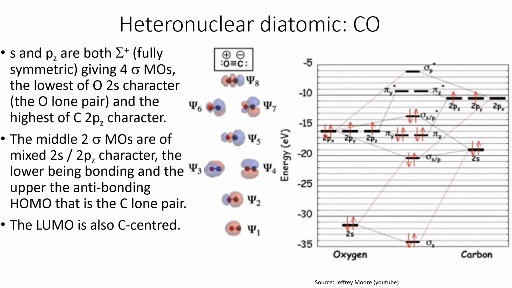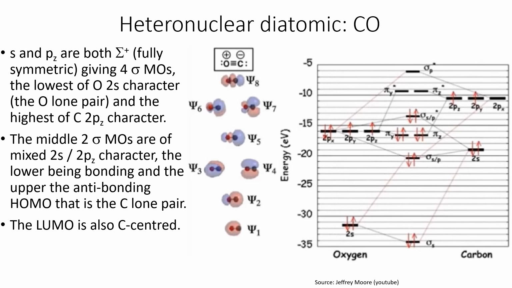The energy of that orbital is intermediate between the carbon 2s and carbon 2p orbitals, where it's higher than all of the oxygen valence shell orbitals. So what that's telling you is that those highest energy electrons are largely of carbon character. So these are carbon electrons which are effectively going to be the lone pair. This is going to be the highest energy electrons in the molecule. That will be the carbon lone pair.